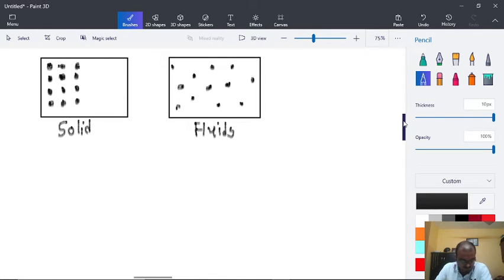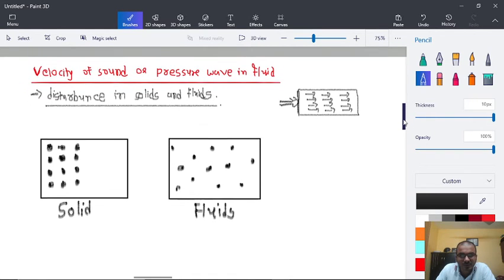Now let's focus on our derivation part. That was the fundamental theory.